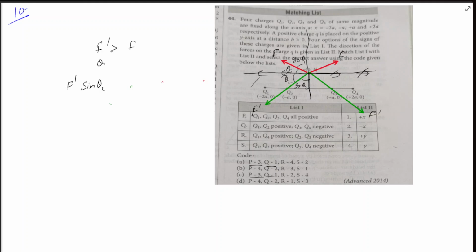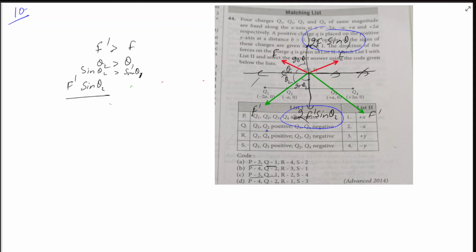Again remember, theta 2 is greater than theta 1, so sine theta 2 will be greater than sine theta 1. So it will be F dash in the downward direction: twice F dash sine theta 2, and upward it will be twice F sine theta 1. Are you getting me?